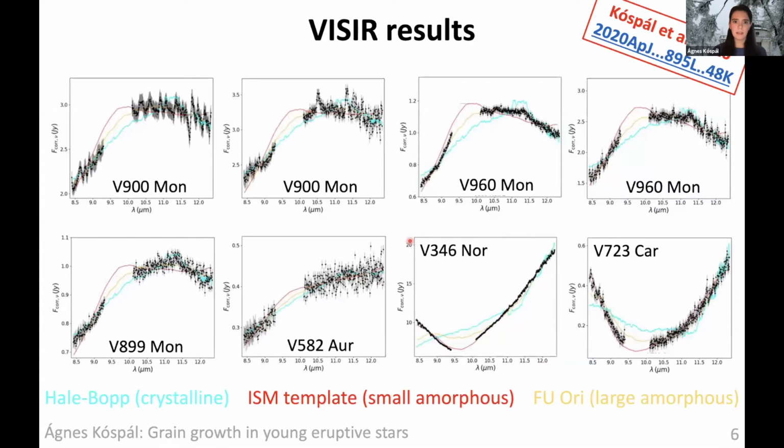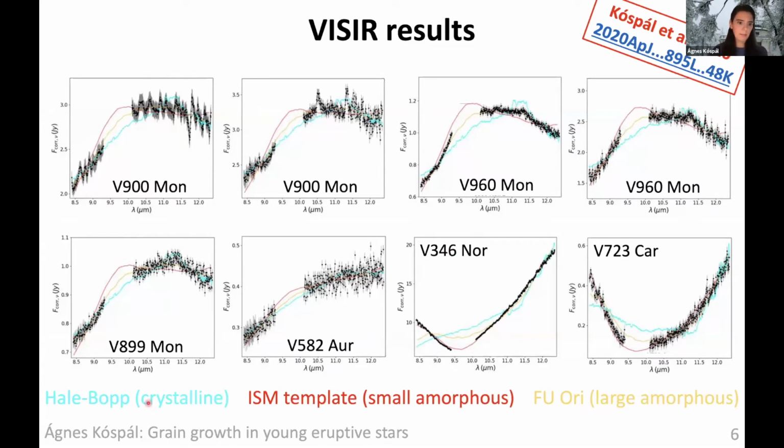You can see that some objects we observed twice, some of them we observed only once, and we complemented the sample with V346 Normae, which we observed with VISIR earlier for another project, but it also belongs to the FUor class. As a simple analysis, we fitted the observed 10-micron features with different templates.